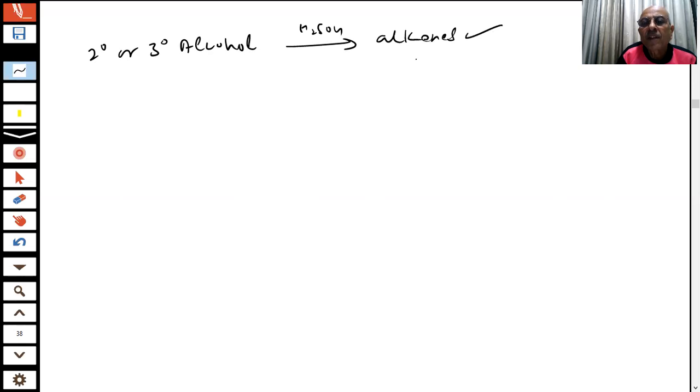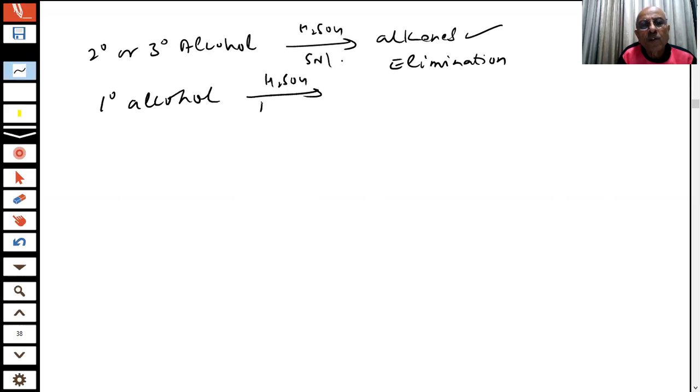This reaction proceeds through SN1 mechanism, elimination over substitution. But if I use 1-degree alcohol, use H2SO4 and use lower temperature, then the product is formed by SN2 mechanism, and it is an ether. Got it? Noted?